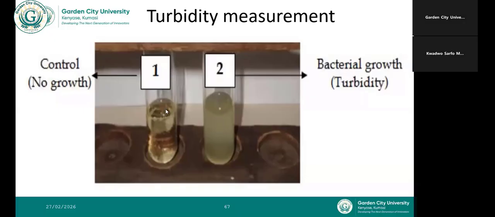So if you put your samples in the liquid medium and there is no growth at that point, it stays clear. When the organisms begin to grow and multiply, the broth will change to become turbid, cloudy. So the optical density will not be the same. And this is how we measure growth in liquid medium.